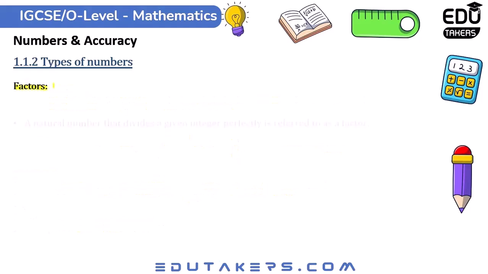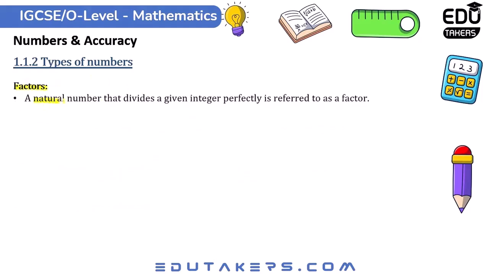Next is factors. A natural number that divides a given integer perfectly is referred to as a factor. Every number has itself and 1 as at least 2 factors, which means every number has at least 2 factors minimum.